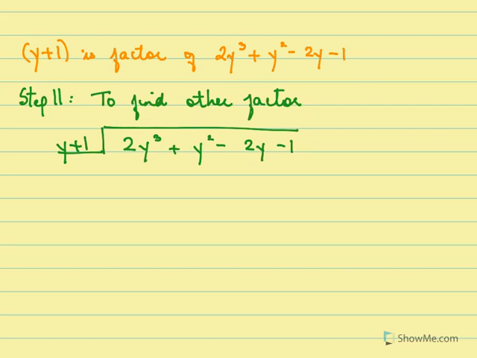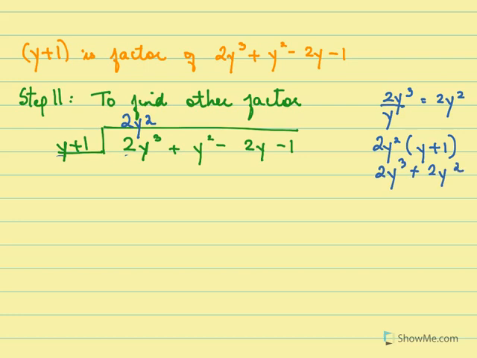So again, the first step is you take 2y cube and this y and you divide it. 2y cube over y, 2y square. So this is now 2y square. Now the 2y square we need to multiply by y plus 1. So it becomes 2y cube plus 2y square. So let's write that out. 2y cube plus 2y square.